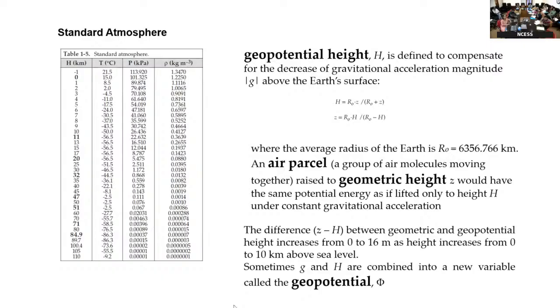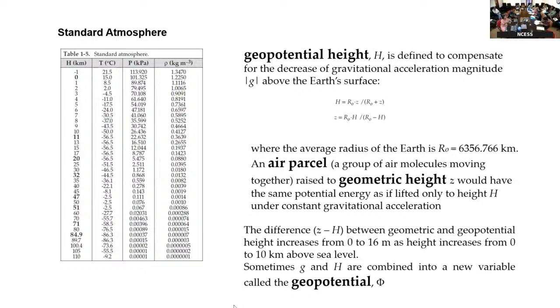Another term that is basic to meteorological studies is geopotential height. We know that Earth has gravity, a gravitational pull on any object above it.